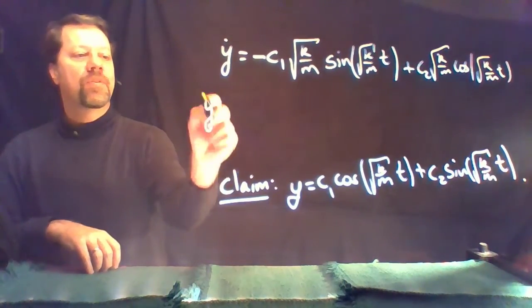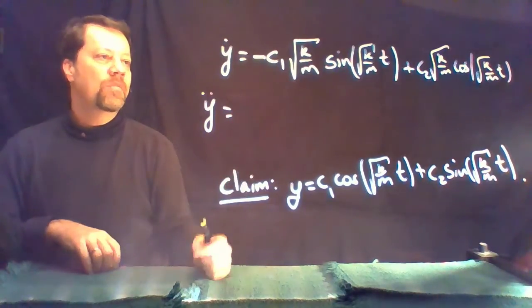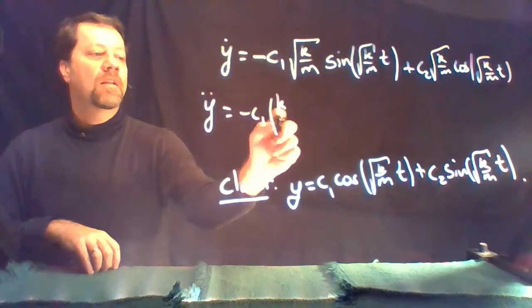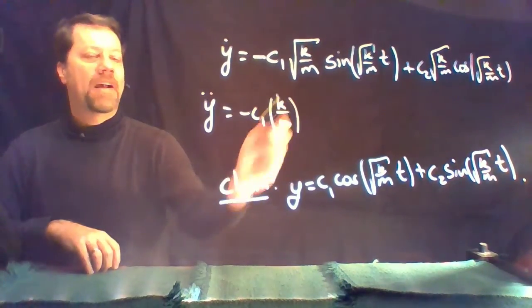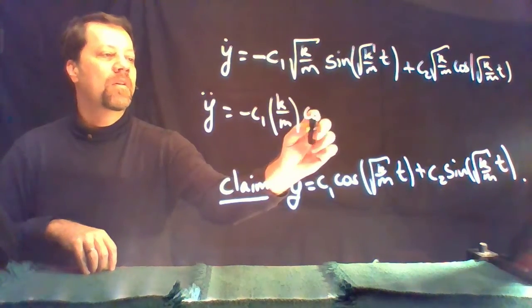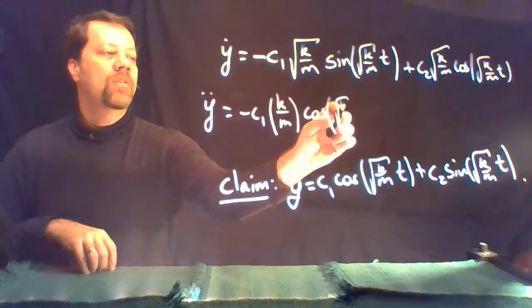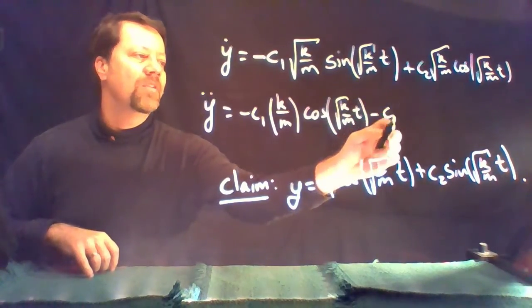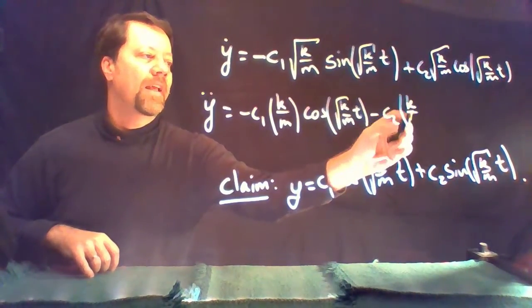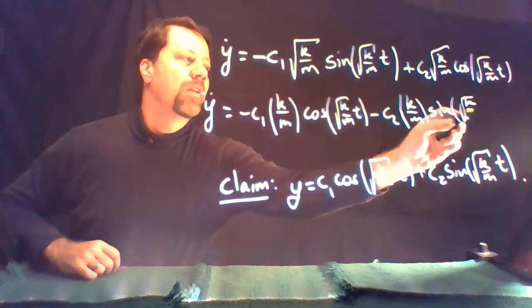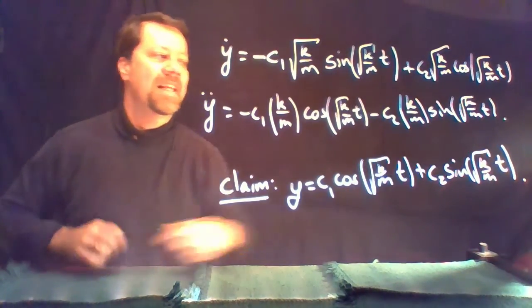The second order derivative will be minus c1 k over m. You get another factor of the square root of k over m by the chain rule, cosine root k over m t, and then minus c2 k over m sine root k over m t.